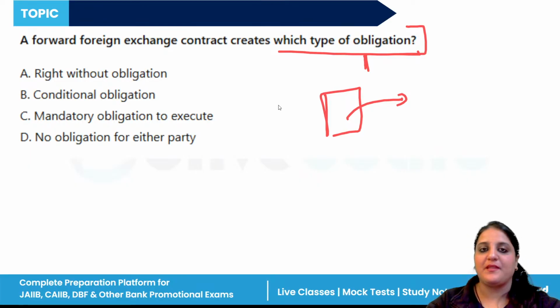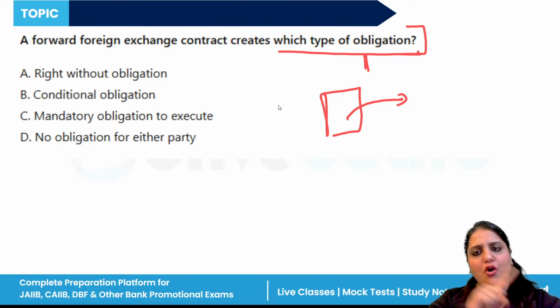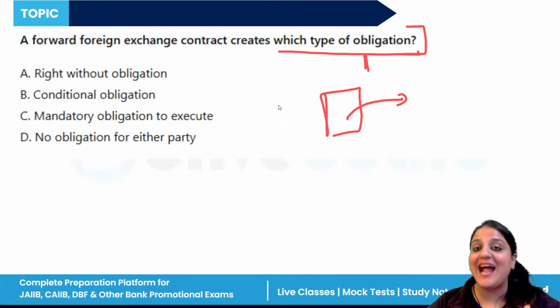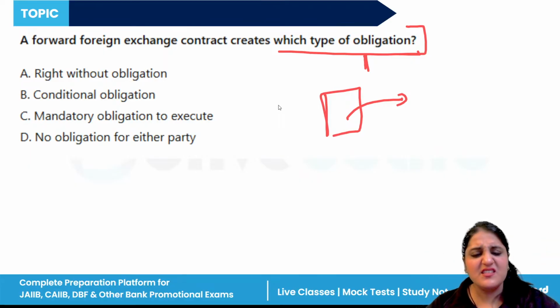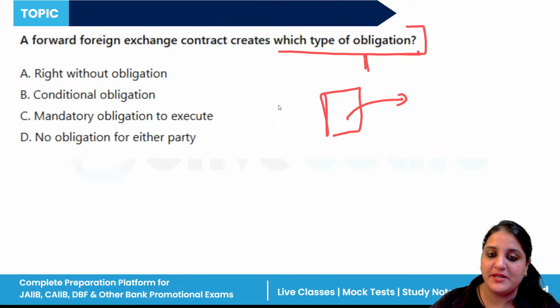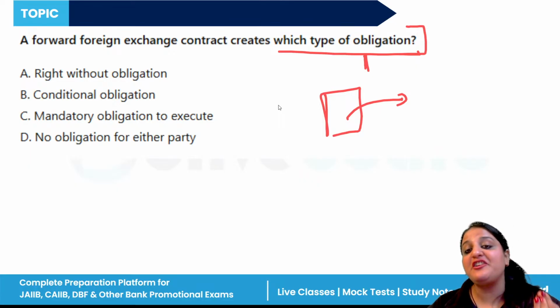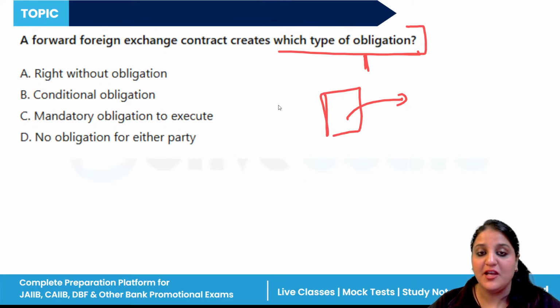Simple answer. In a forward contract, both buyer and seller have to execute the contract at maturity, irrespective of market movement. This mandatory nature makes forward suitable for zero risk hedging but inflexible. And what is the meaning of this zero risk hedging?